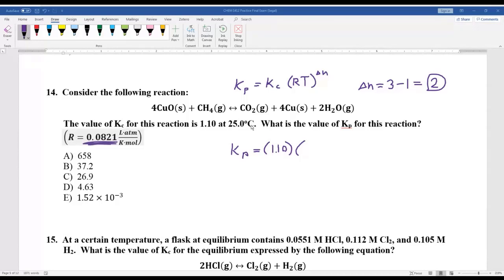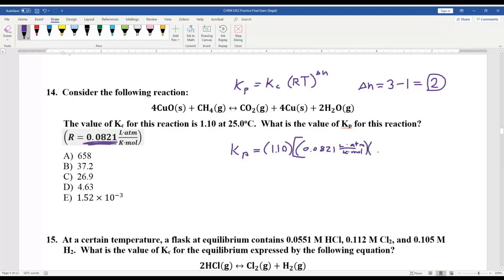So this is going to be 0.0821 liter atm per Kelvin mole. And that's of course this whole thing, RT.